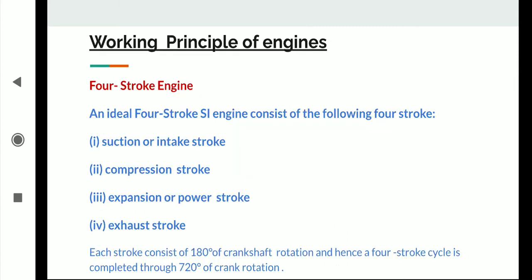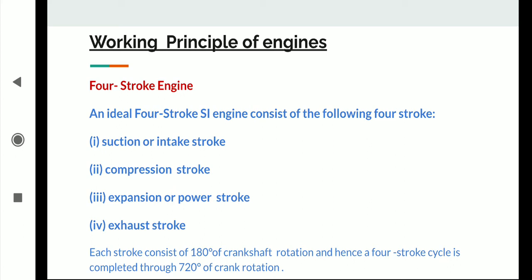Now we will look at the working principle of the four-stroke engine. In a four-stroke engine, the cycle of operation is completed in four strokes of the piston or two revolutions of the crankshaft. During the four strokes, there are events to be completed: suction, compression, combustion, and exhaust.